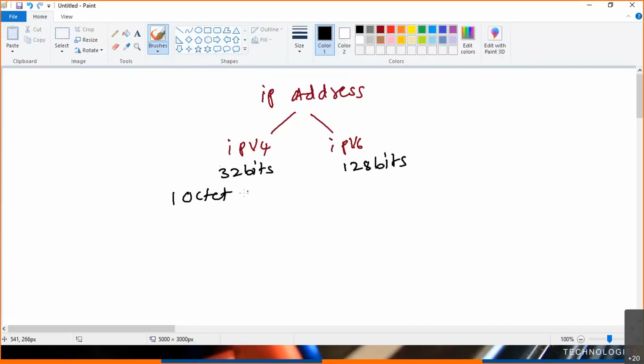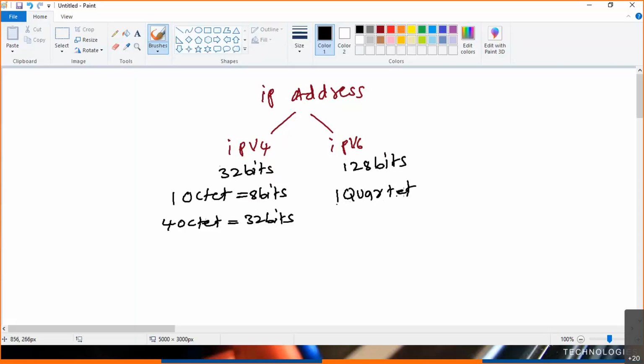One octet is 8 bits, and there are 4 octets in total, which make 32 bits. The IPv6 128 bits are divided into quartets. In IPv4 we call them octets, in IPv6 we call them quartets.